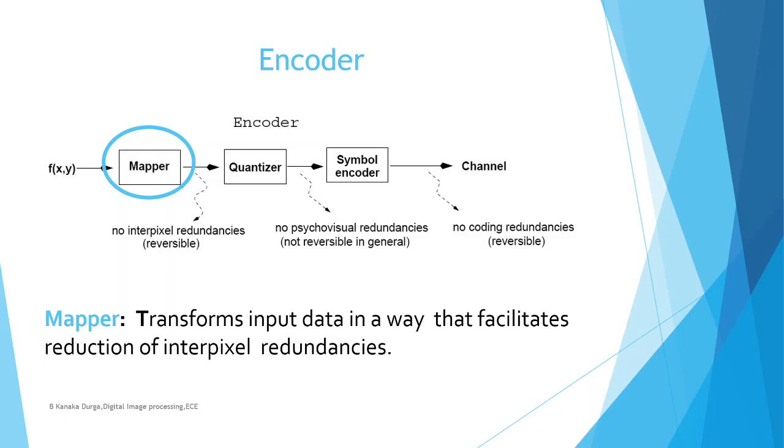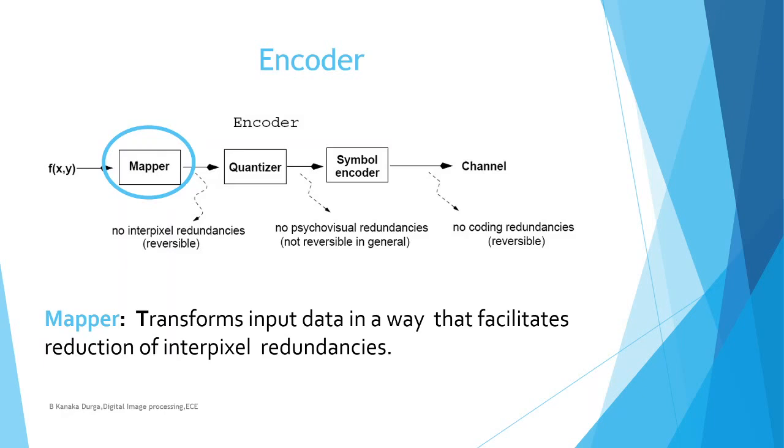So we have to remember that f(x,y) passing through the mapper is reversible, but in the quantizer, to follow the input bits of the image, we can take different step sizes or the same step size for the quantization process. At that time we lose some of the data in the reduction of the sampled values, so it is called an irreversible process.